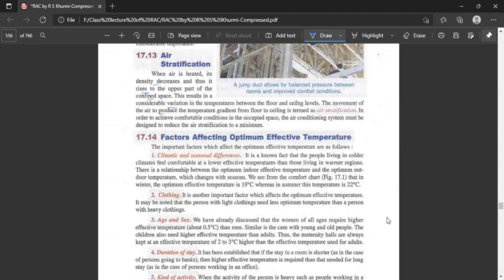This movement of air, which produces a temperature gradient from floor to ceiling, is termed air stratification. In order to achieve comfortable conditions in the occupied space, the air conditioning system must be designed to reduce air stratification to a minimum.